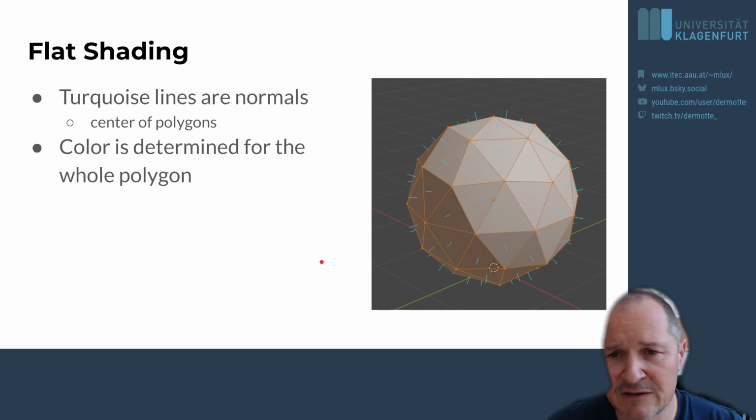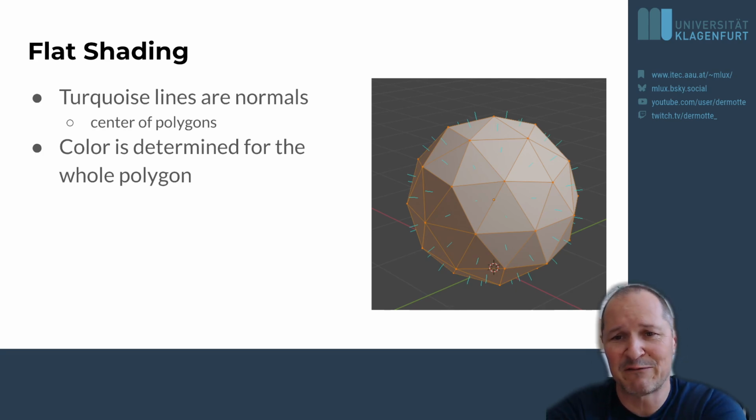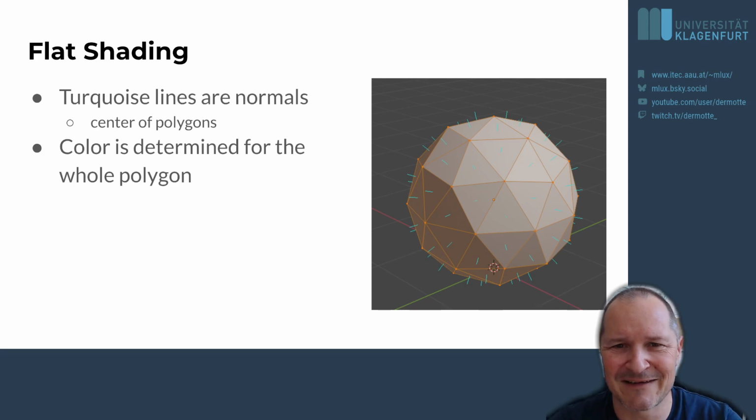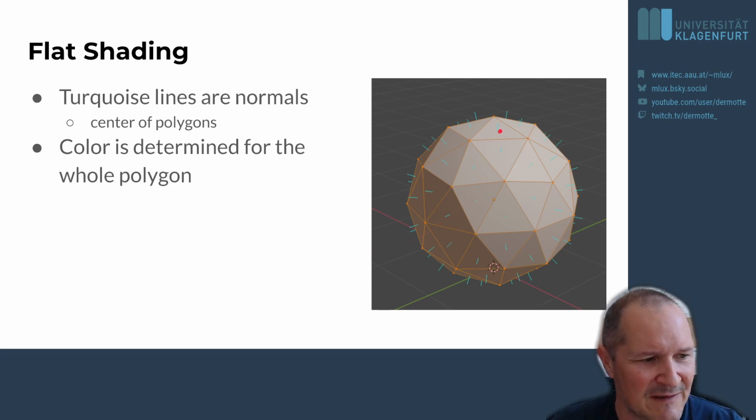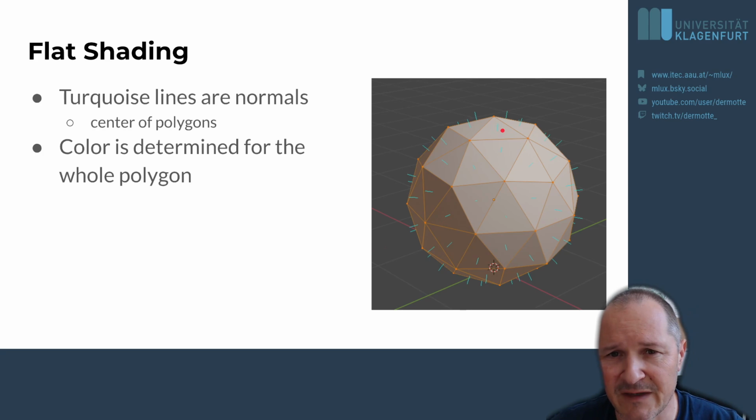So you can actually see that in Blender, and from year to year, I totally forget how to turn on the normals, but you can turn on the normals and then take a look at it. So, let's take the screenshot here. You see a sphere based on triangles, and you would see the turquoise lines here sticking out at the center of the polygons.